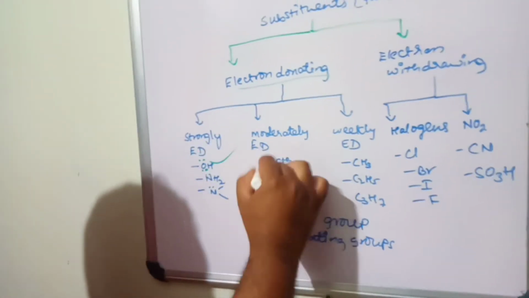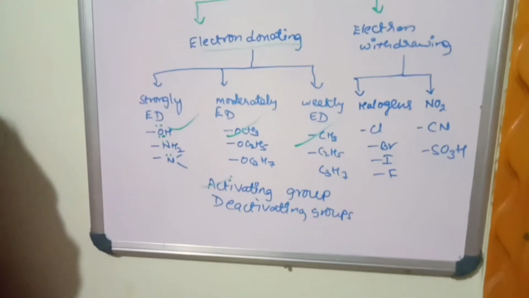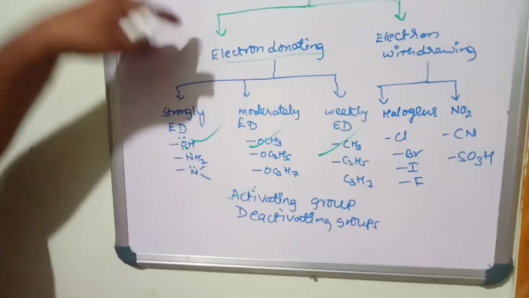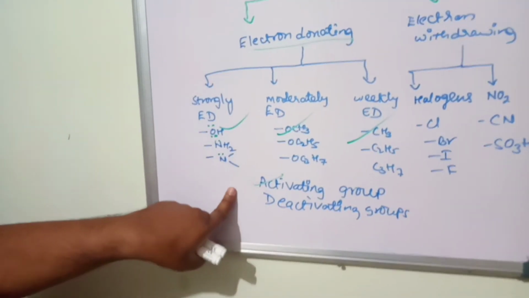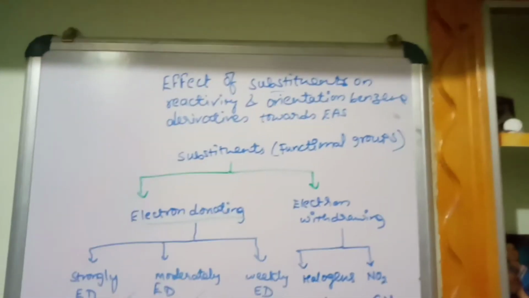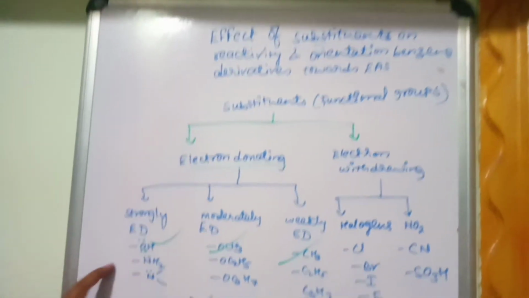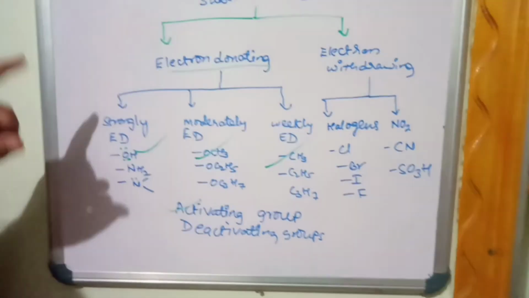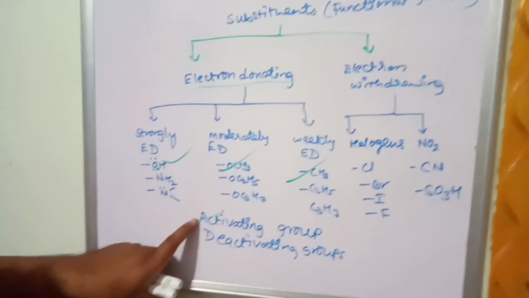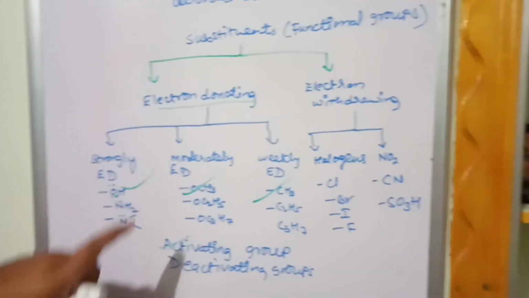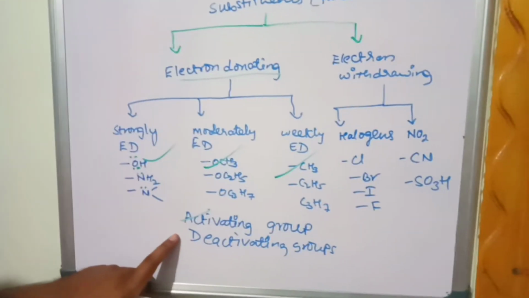All electron donating groups increase the rate of reaction, and these electron donating groups are called activating groups towards the electrophilic aromatic substitution reaction. Very simple. Now you understood the electron donating group.